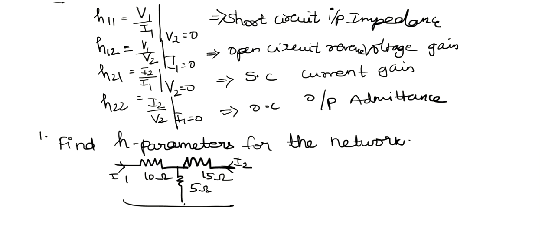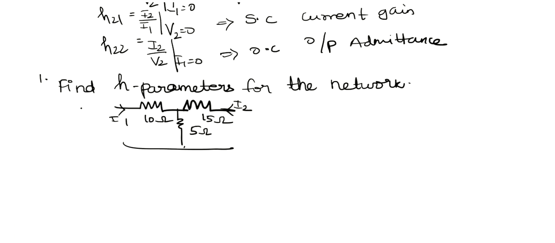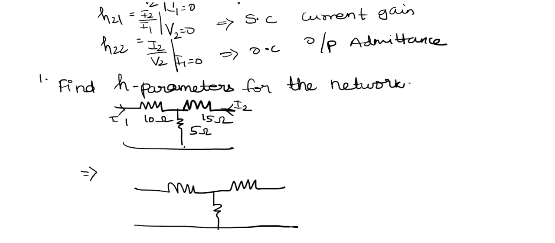So now start with the sum. You have to redraw the diagram and ensure the current flow and voltage indication are clear. Definitely plus minus V1, and here plus minus V2, and I1, 10 ohm, 15 ohm, and this will be your 5 ohm, and this is your current flow.